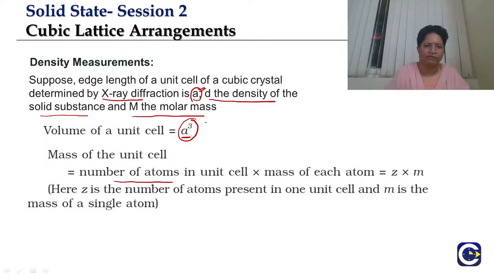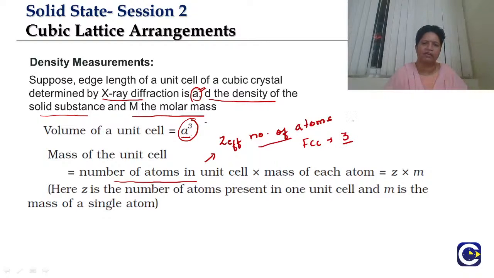Number of atoms in unit cell will give us the effective number of atoms. Now, what do I mean by effective number of atoms here? If I take FCC, due to face center there are 3 lattice points, and at the corner it is 1, a total of 4.